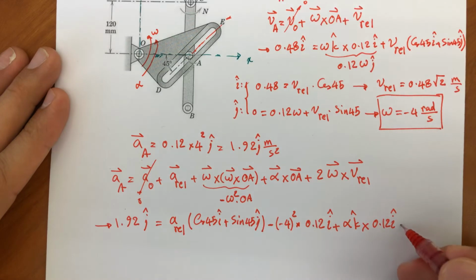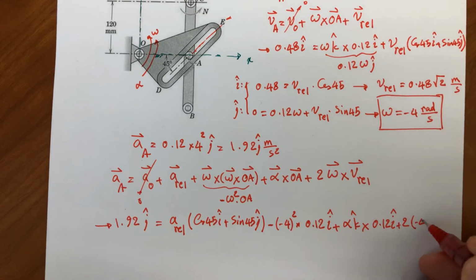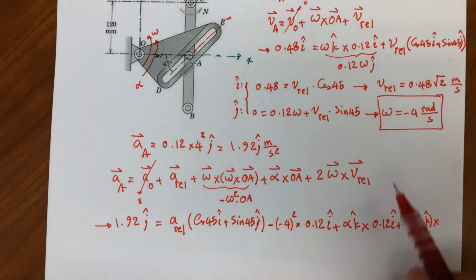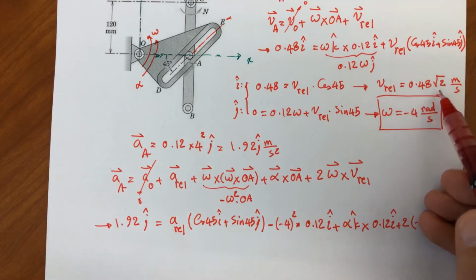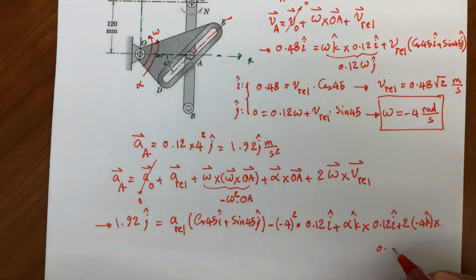So it's going to be plus 2 times omega, which is negative 4 in the k direction, cross v rel, and v rel is 0.48 times the square root of 2 times the direction.